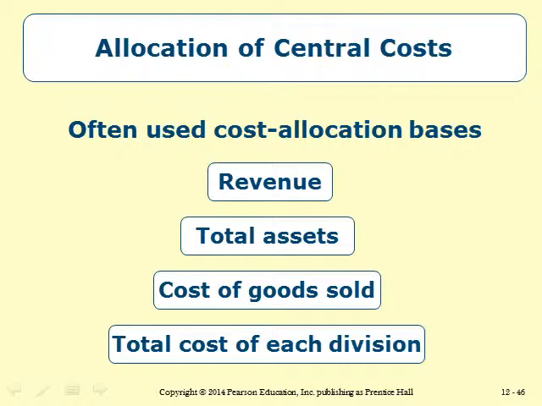After allocation, do we get a better picture of the organization's profitabilities that they're allocated to? And also, have we addressed this sense of equity and fairness to the managers that these costs are getting allocated to, in light of the fact that generally they have no input over the level or the amount of these general central support costs and how much are incurred and what they're incurred for.